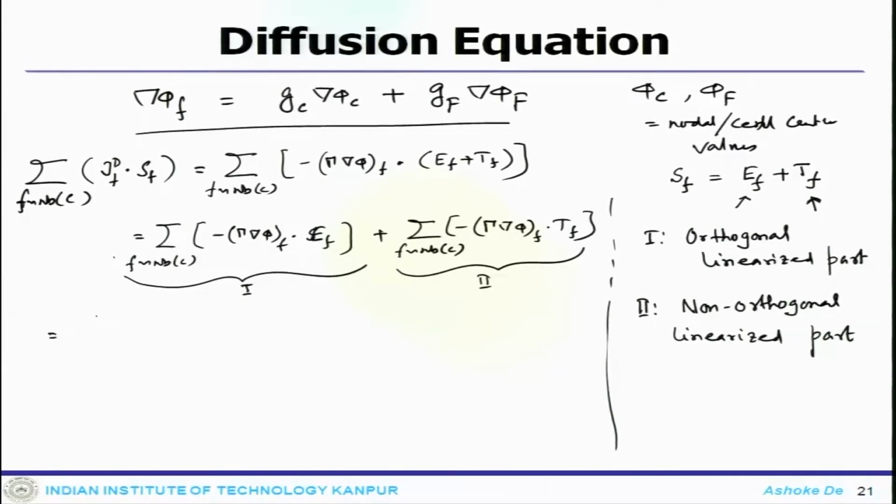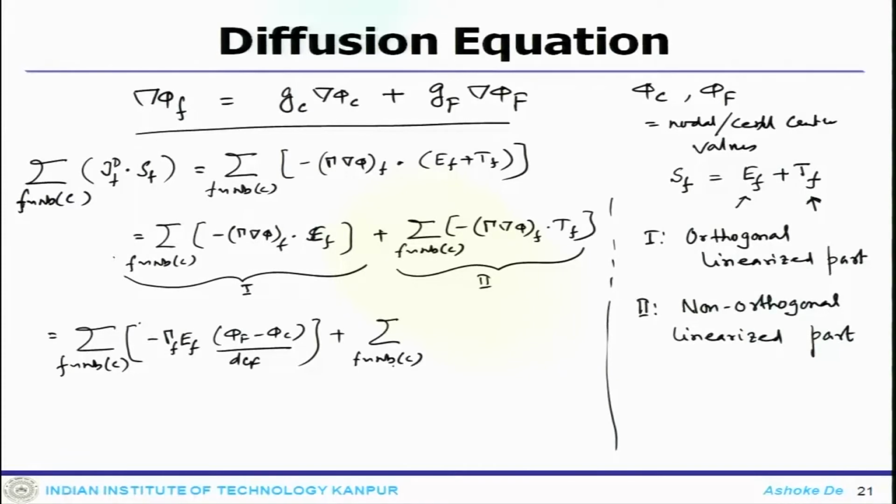Now, if you expand it further, this would be over f. If I write down, this would get me back minus gamma f E f, phi f minus phi c by d Cf, plus summation over all the faces, minus gamma del phi f dot Tf.